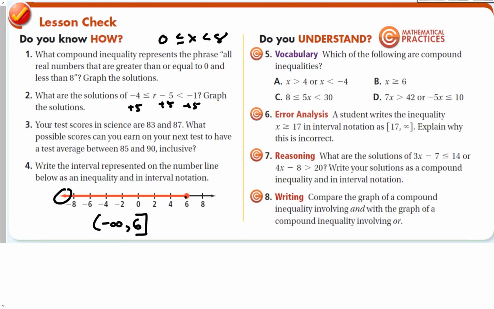Which of the following are compound inequalities? Yes, yes, no, yes. You've got to have two parts to be a compound inequality. A student writes the inequality x is greater than 17 in interval notation as [17, infinity). Why is that not true?